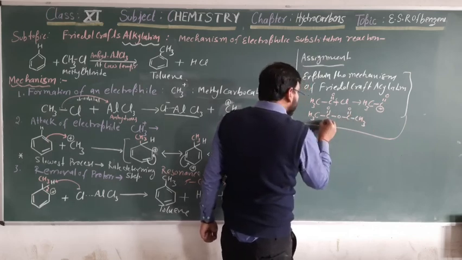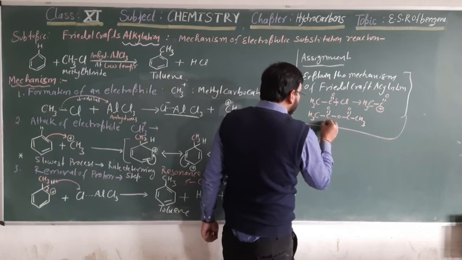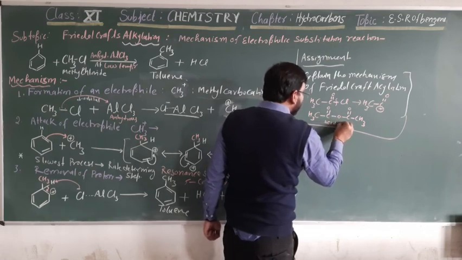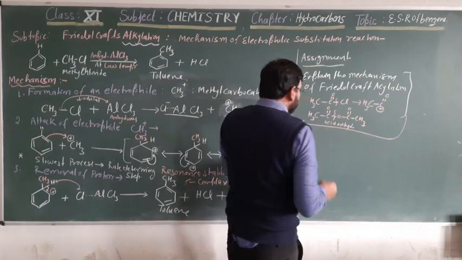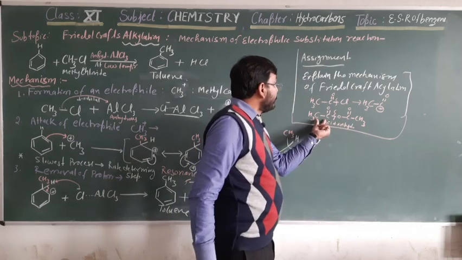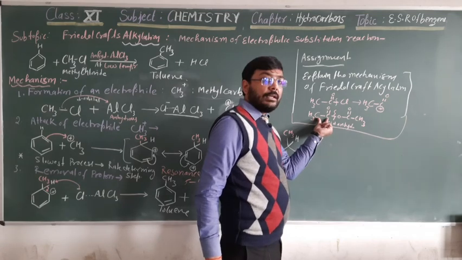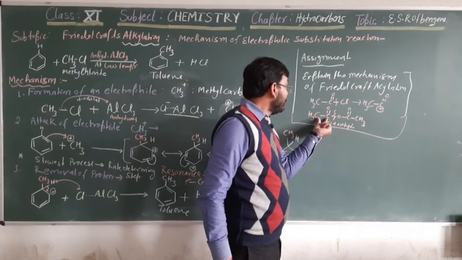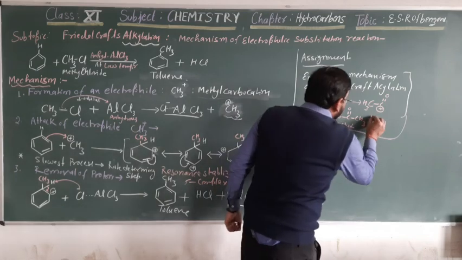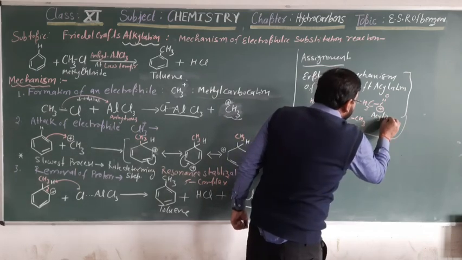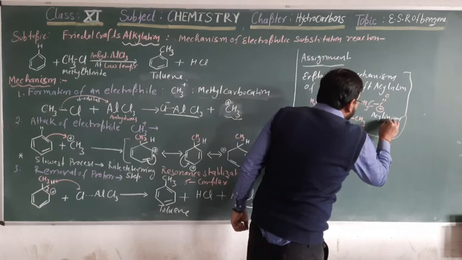Or we can take CH3C double bond O, O, C double bond O CH3. This is acetic anhydride. We can take an acid anhydride. So here in this case also, we call this acyl carbocation the acylinium ion.